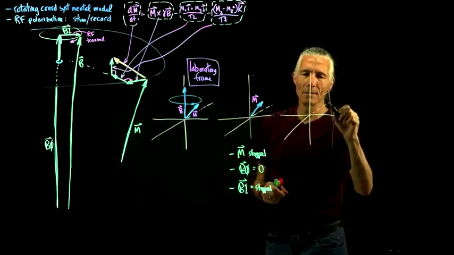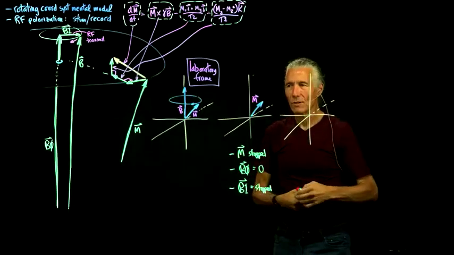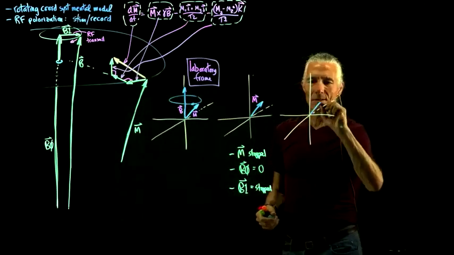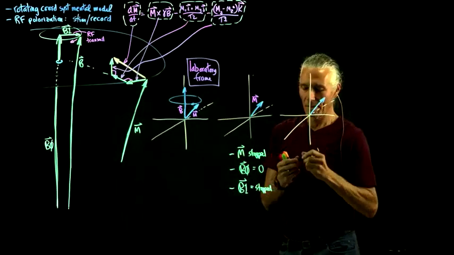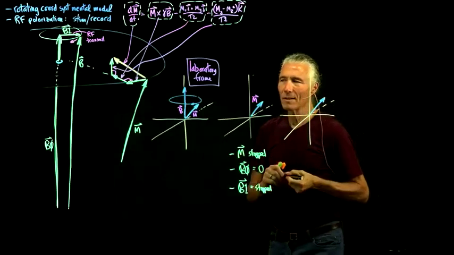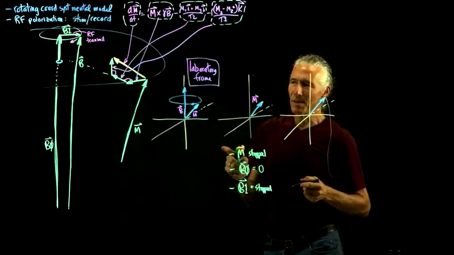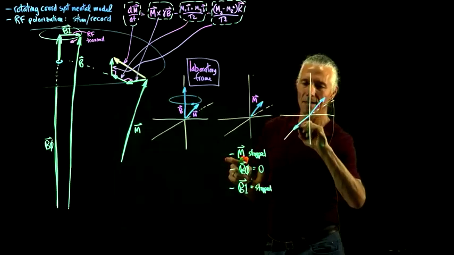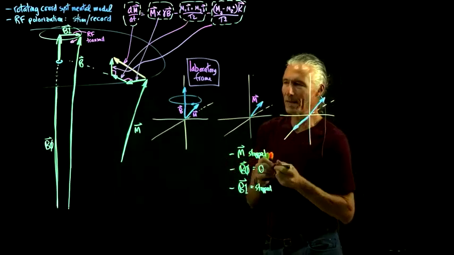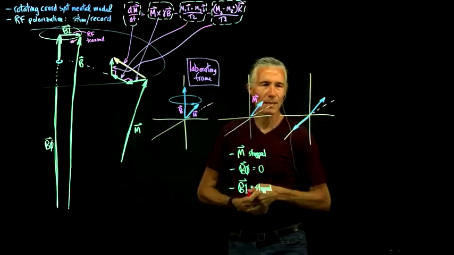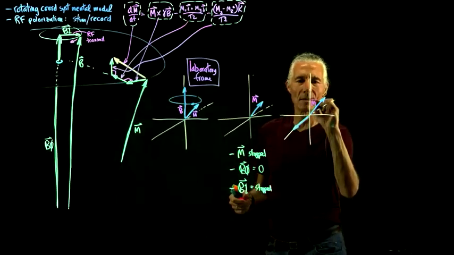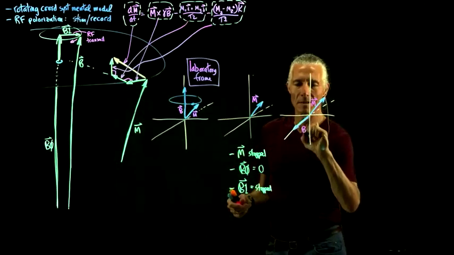And so let's draw the M vector. So there's the M vector. And now we're going to draw the B vector. So here's one possible B1 vector. There are many different B1 vectors, but let's just look at this. So here's the M vector, and here's the B1 vector.